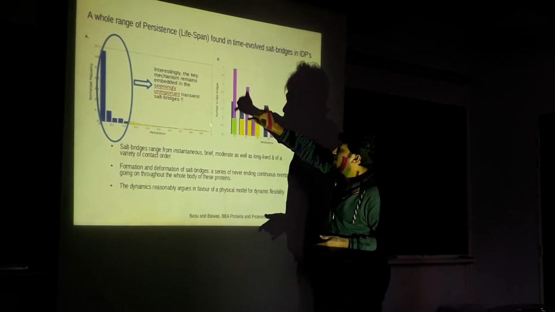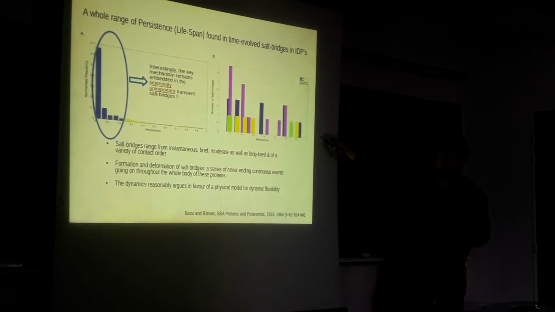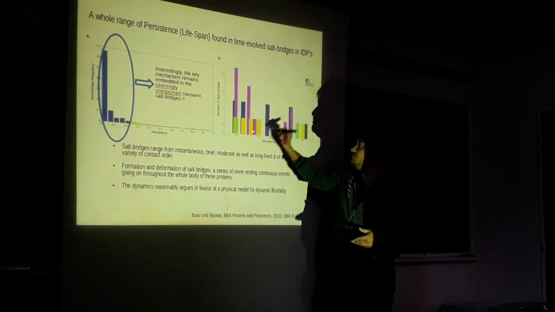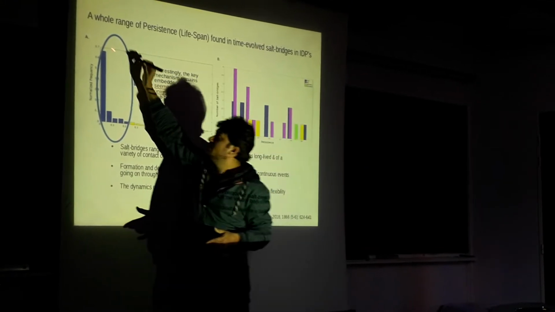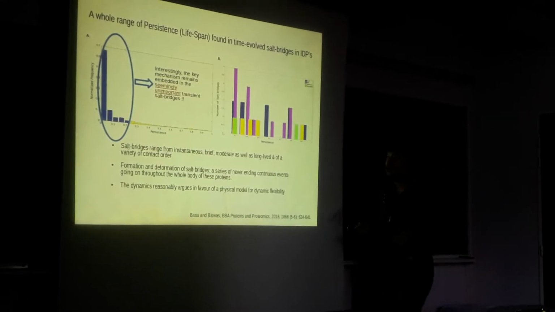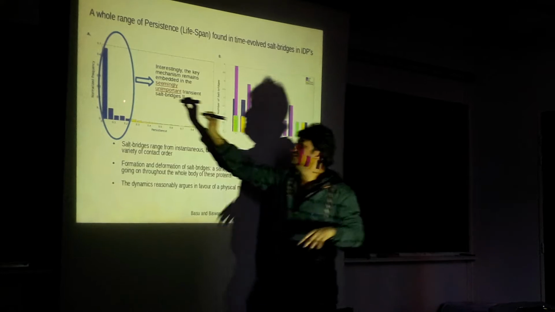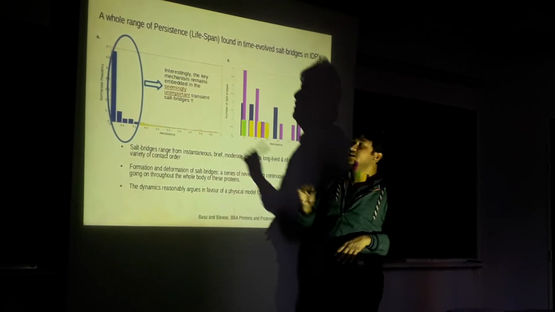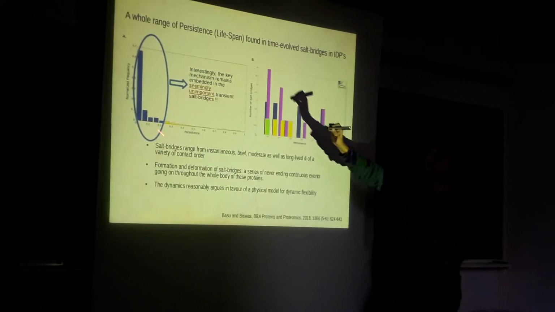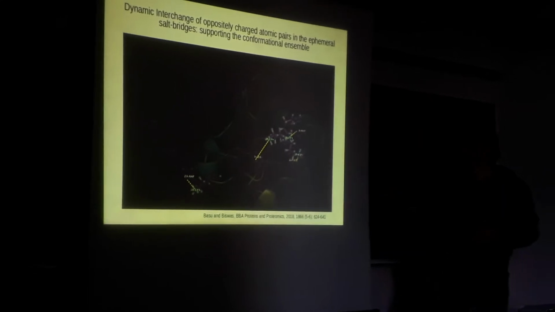When we magnify this particular region, we find that there are very stable, highly persistent salt bridges, there are moderately persistent, briefly persistent ones, and we may call these fleeting or ephemeral or short-lived or transient salt bridges. An inherent tendency in this kind of research is to throw away this tail, assuming it is an artifact. But the actual mystery lies in this particular region, as we found out later on, and what I will show you in the next slide.